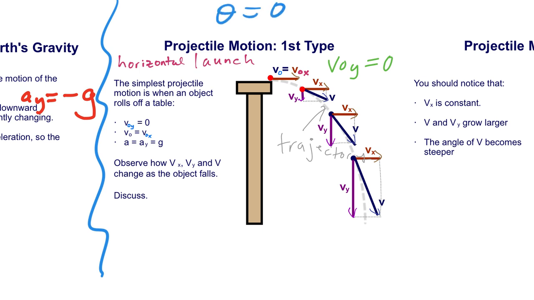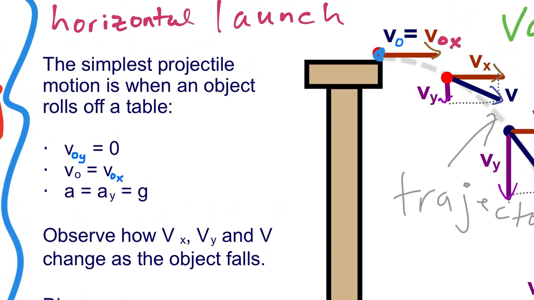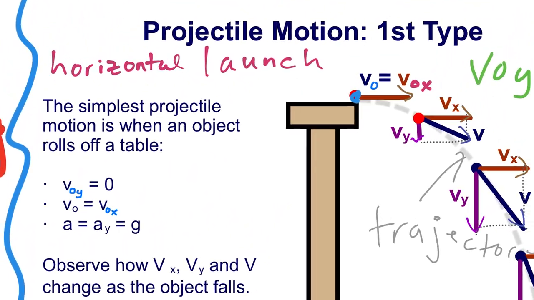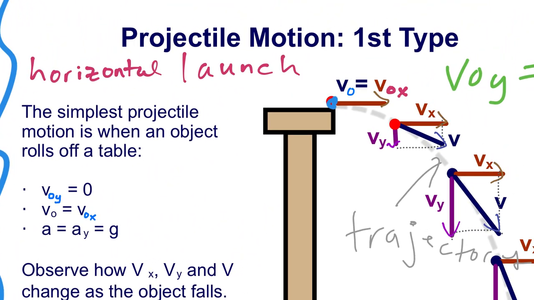Okay, it's horizontally launched. So when that happens, the very moment it's launched, there is no y component. So VOY is 0. And the original speed is all in the x component.